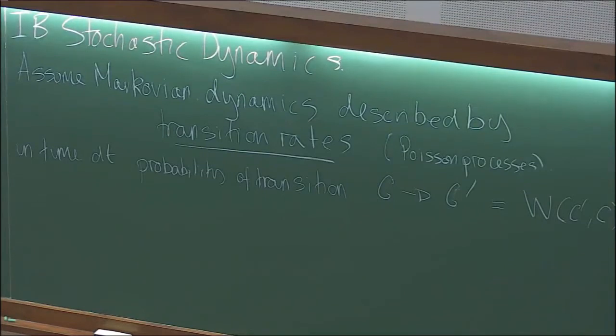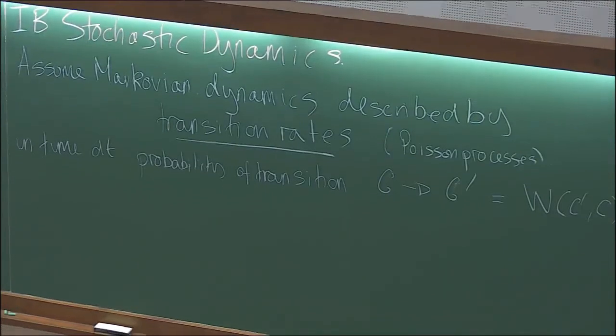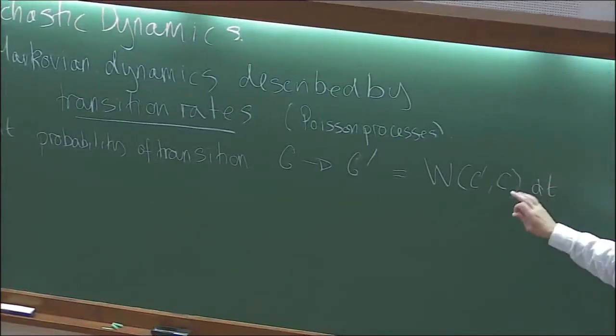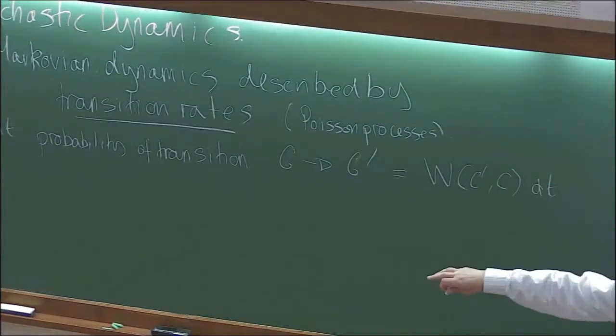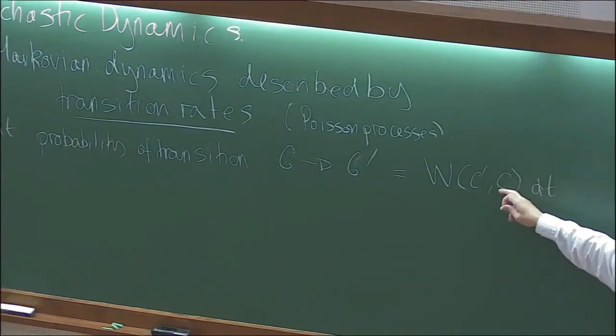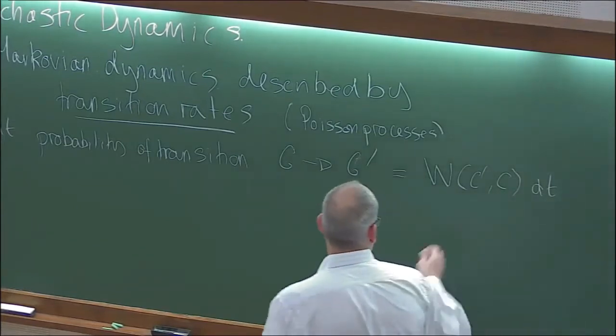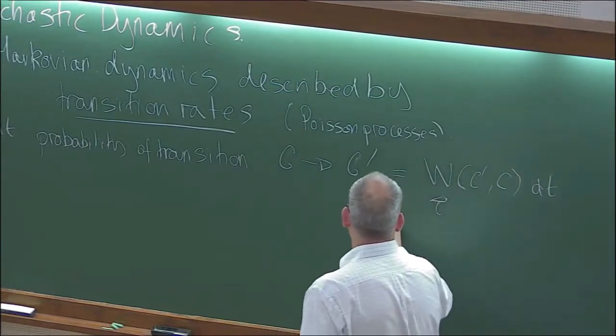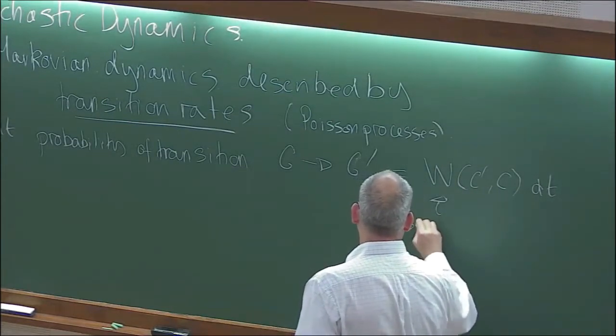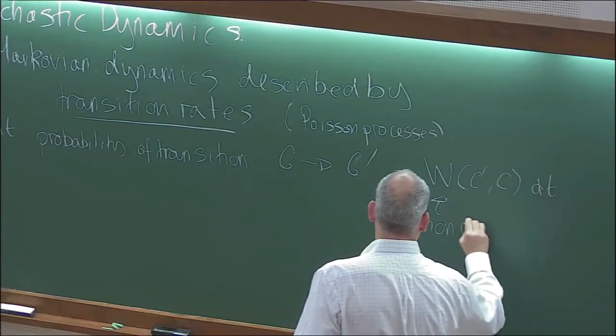Okay? So that's in some small time interval dt, so the correction would be of order dt squared. So when we divide by dt and take dt to 0, this becomes the transition rate. That's the important thing to remember. So W is the transition rate.